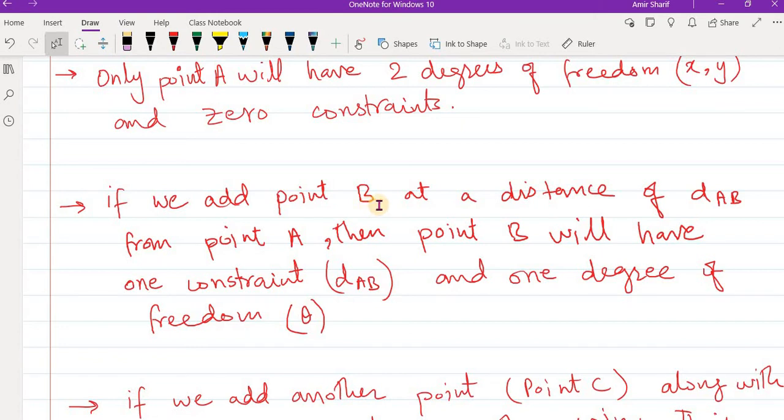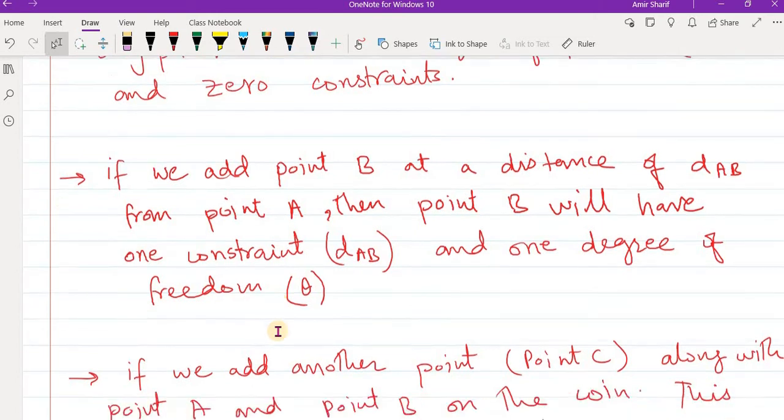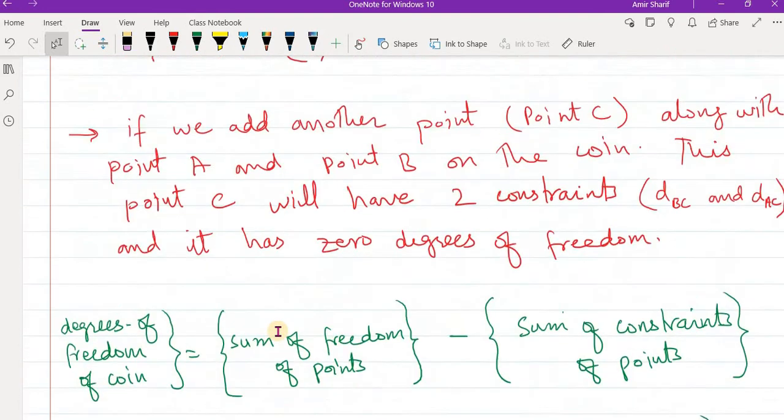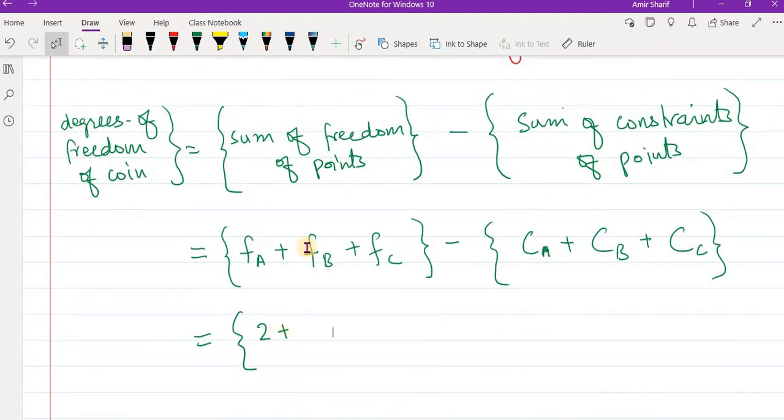It has 2 degrees of freedom, but after subtracting 1 constraint, it has 1 degree of freedom. So here we have to write the original freedoms, not after subtraction, because we are subtracting constraints again.